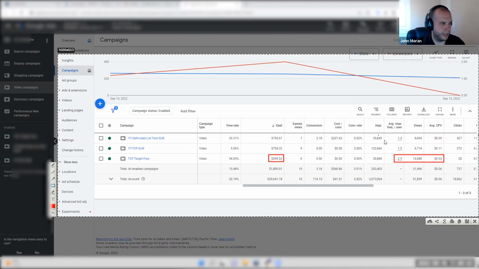Whereas the TrueView for actions, and these have been running for over a month, will kind of hover between 1.3 and 1.5. That's good. It's not bad. But if I'm trying to impress a cold audience, how often do you remember something after seeing 1.3 YouTube ads? Not too much. It's fairly seldom.